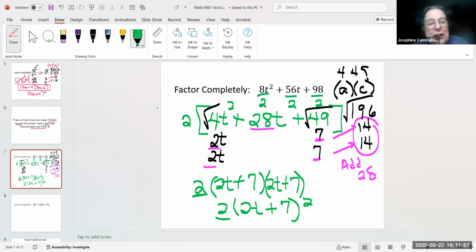So when you get a trinomial, if you can find the perfect square of the first term and the last term, then this is considered a special trinomial.